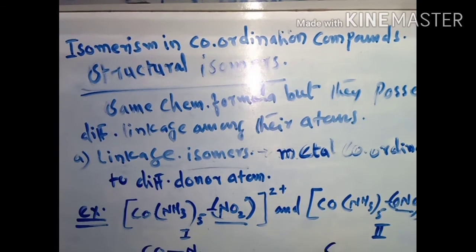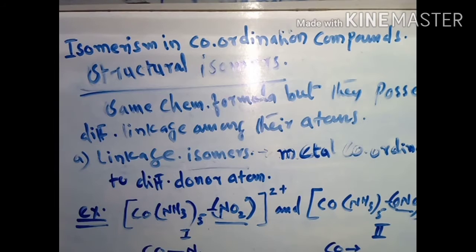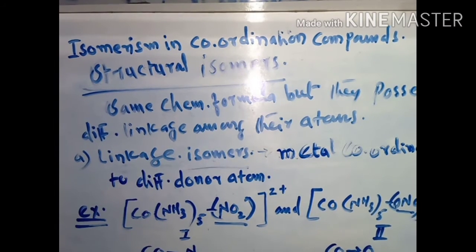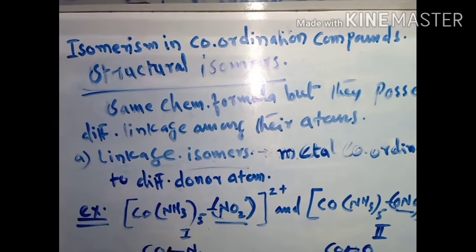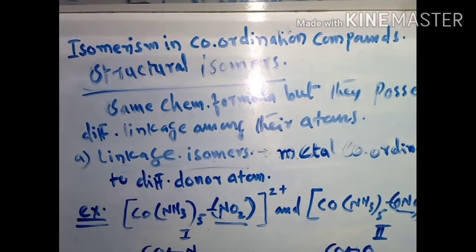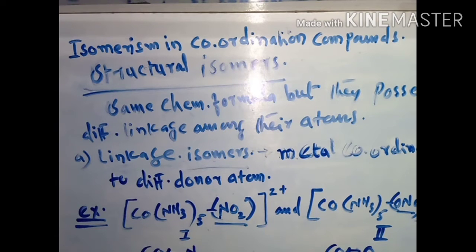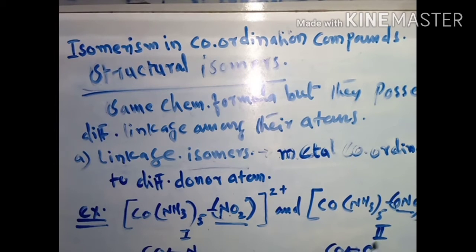And in this complex cobalt is linked by the oxygen atom like this. So the chemical formula is the same, but the central metal ion is attached to a different donor atom. In the first complex the central metal ion, Co, is attached to the nitrogen atom in the nitro group. In the second complex Co is attached to the oxygen atom in the nitro group.